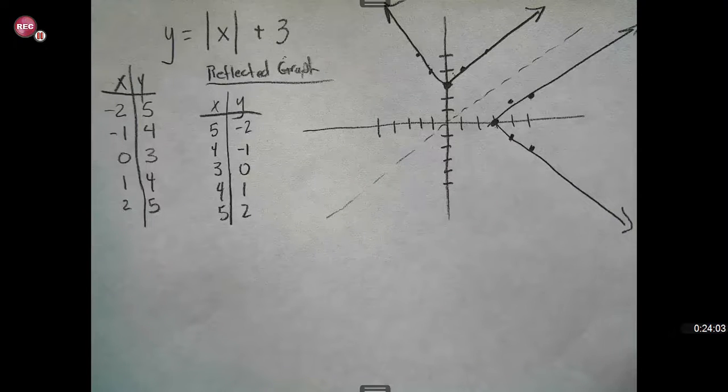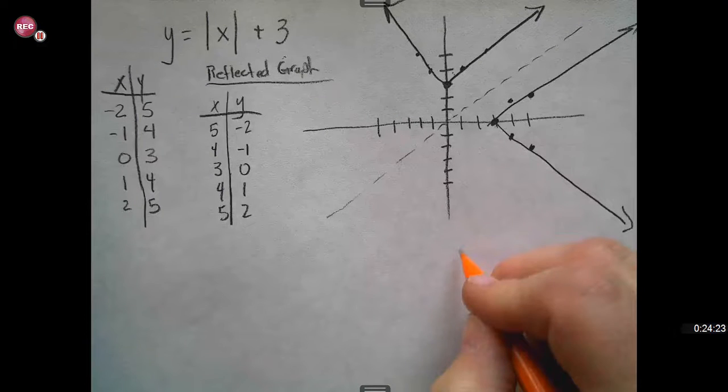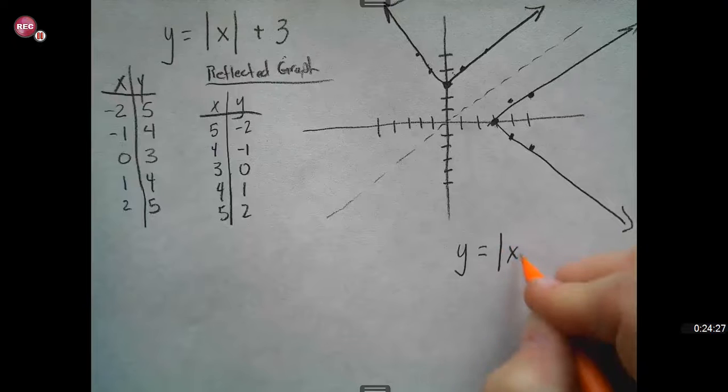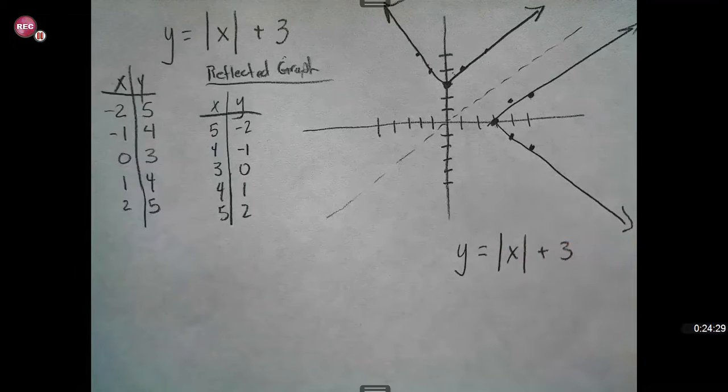And then we're supposed to write the equation of that graph. What we will do for that is what we did before. There's our original function.